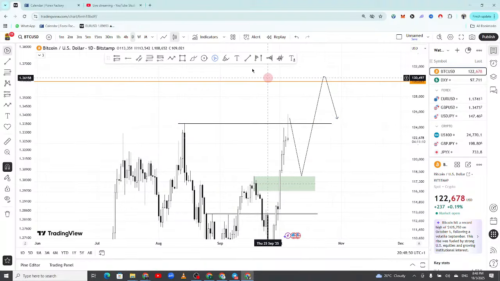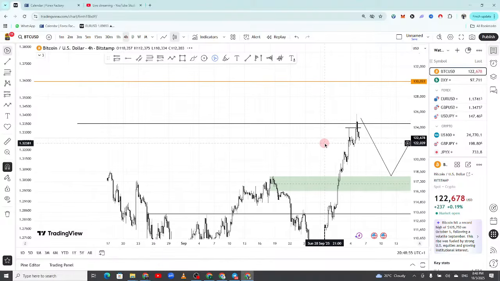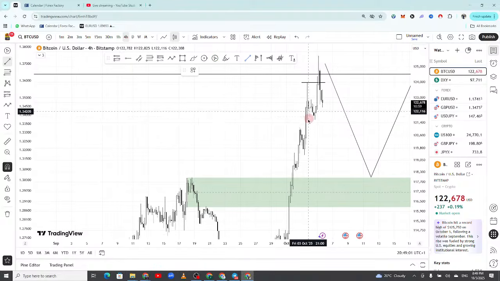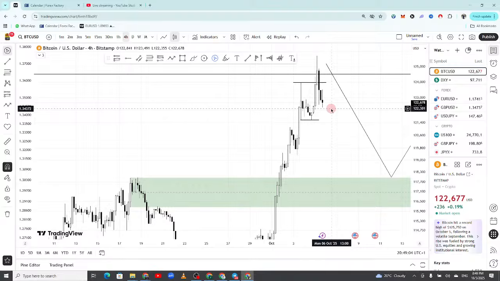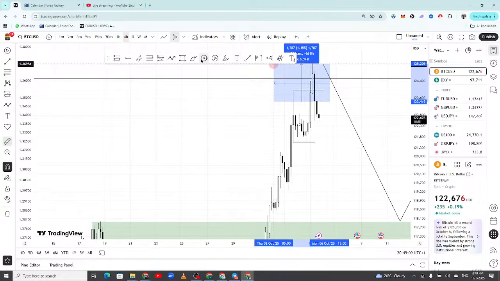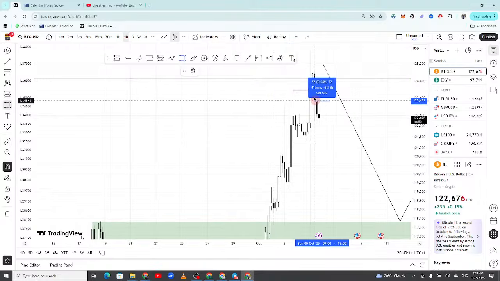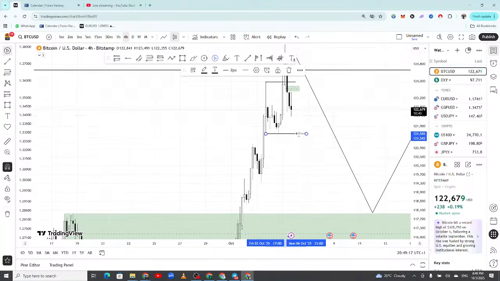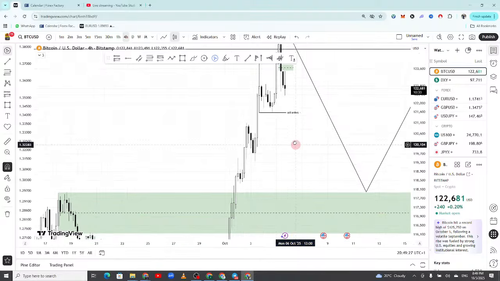We can have something like that, so we can have more sells to grab these sell orders here, and then maybe continue higher.